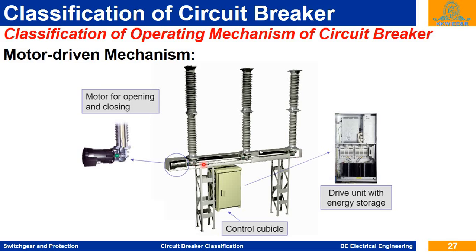Here the common linkage or common tripping bar is connected to all these 3 poles, and at one end this motor is used for opening and closing the circuit breaker. And here this is a control cubicle, which is a drive unit, and the energy storage unit, the capacitor, is used in this control cubicle.